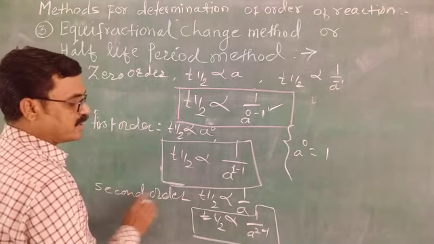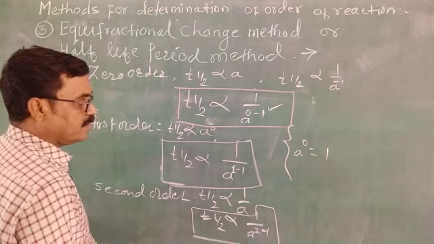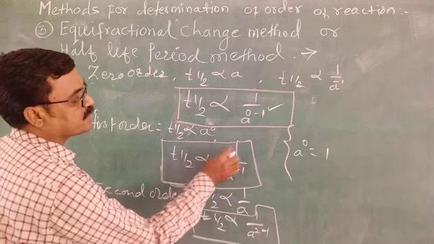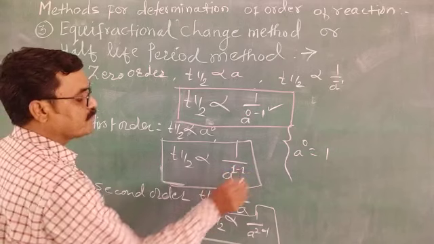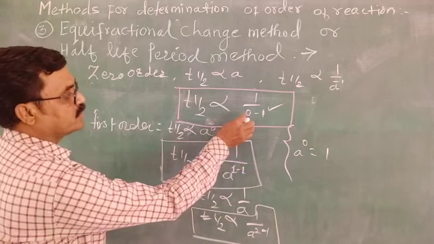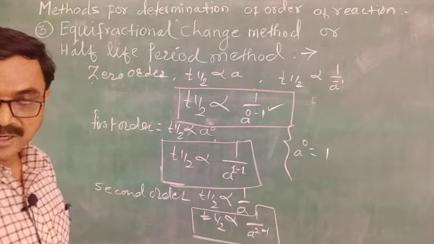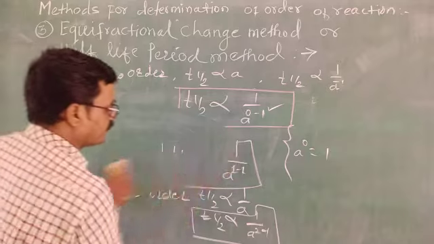For second order it will be 1 upon A raised to power 2 minus 1. For first order, T half is proportional to 1 upon A raised to power 1 minus 1. Getting it? For zero order, 0 minus 1. So for an nth order reaction, how will this equation become?